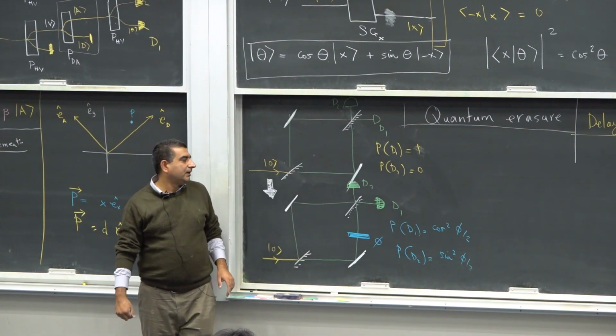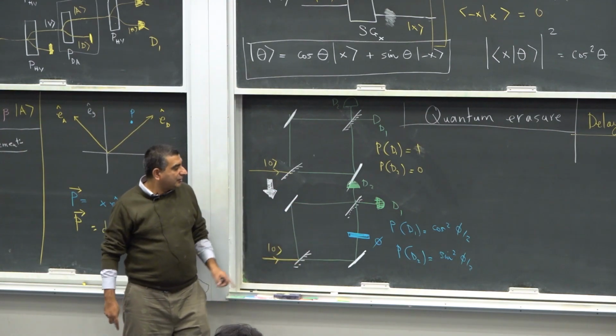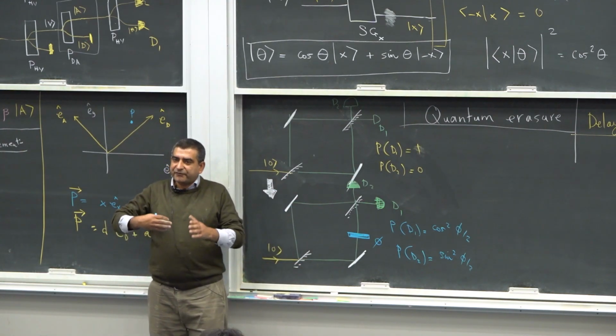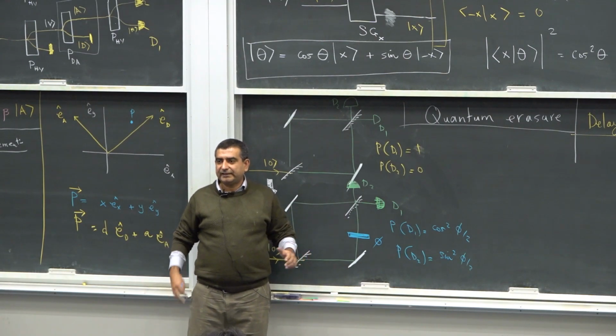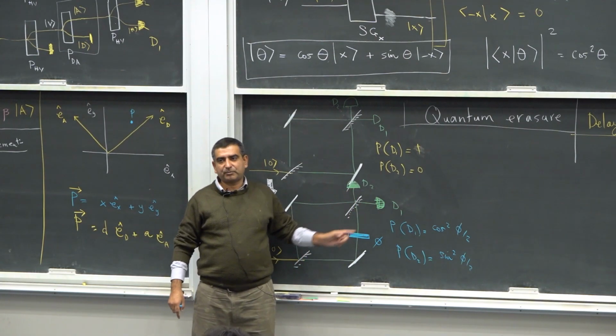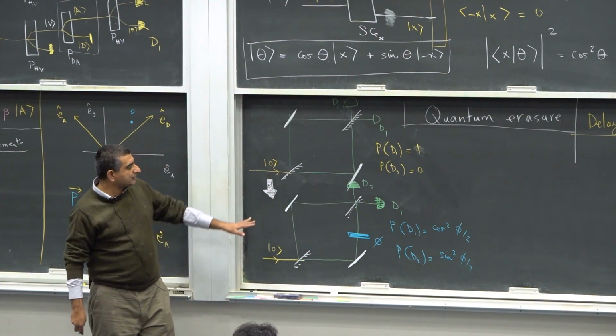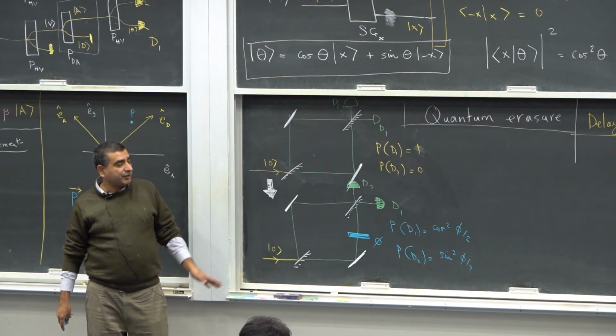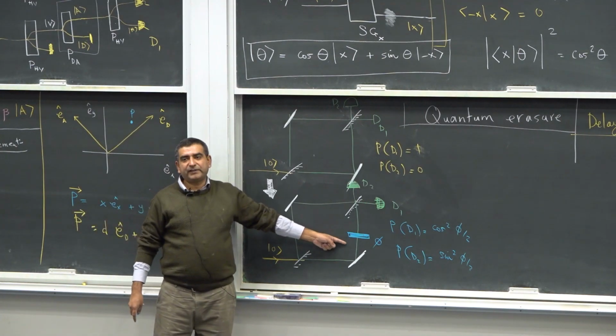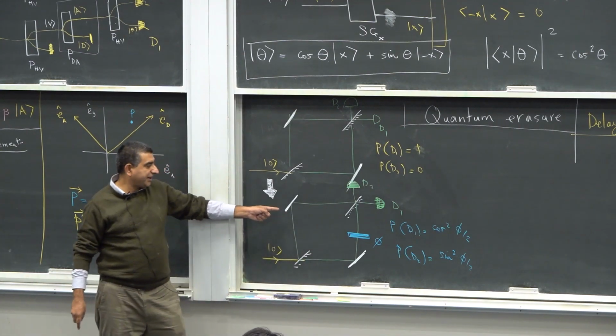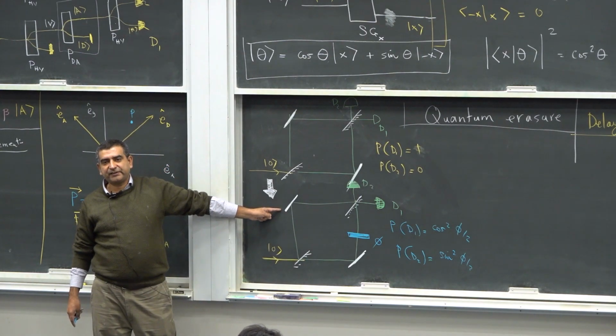Okay. Now we've seen this. What this beam splitter does is introduce a phase difference between these paths, and that phase difference is then captured in these probabilities. It's also possible to not have this phase element and instead displace this mirror a little bit.